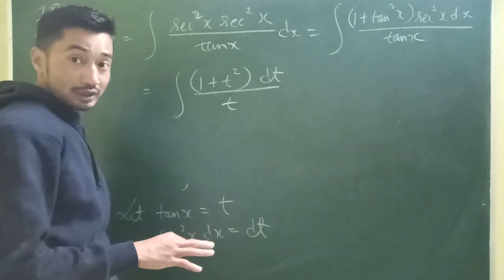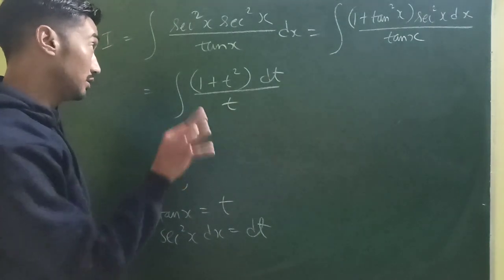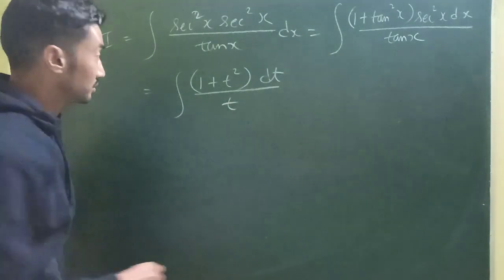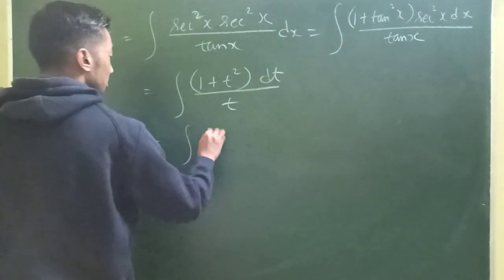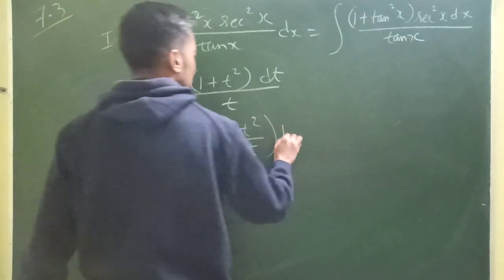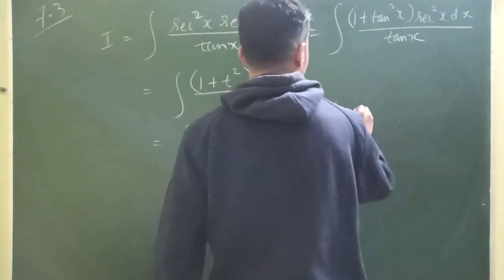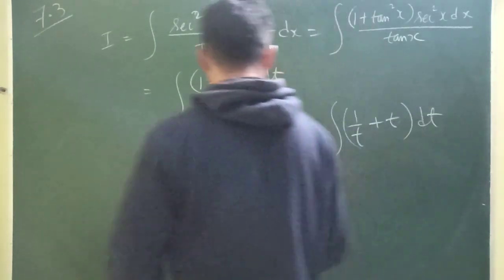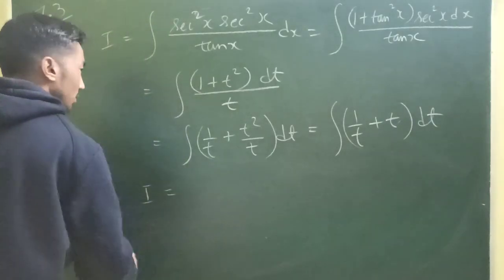If I substitute tan x, I get sec square x, which I will be able to solve. That's what I'm working on. So this will be 1 by t plus t square by t, so that will be 1 by t plus t, dt.